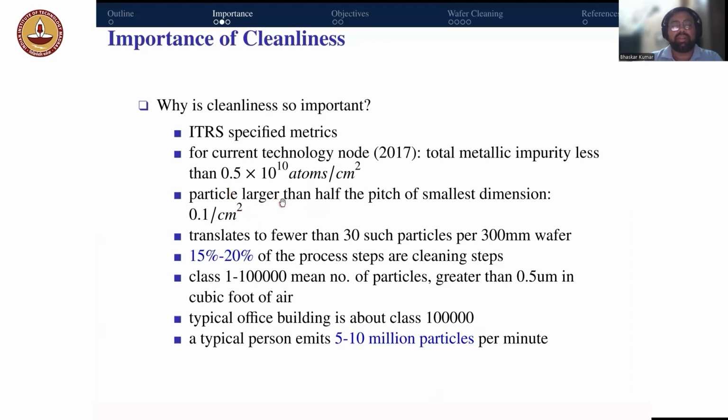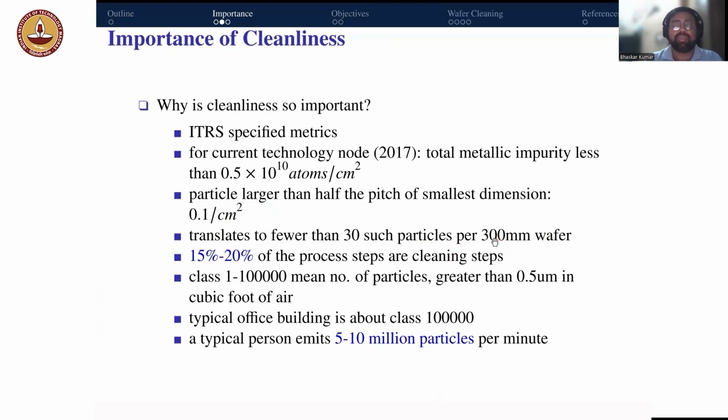Apart from that, particles larger than the pitch of the smallest dimensions fabricated on a chip should not be present, that is, particle size should not be larger than 0.1 micron. Now this translates to less than 30 such particles per 300 millimeter wafer.